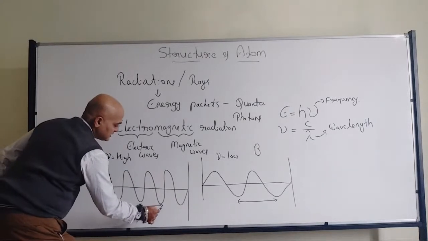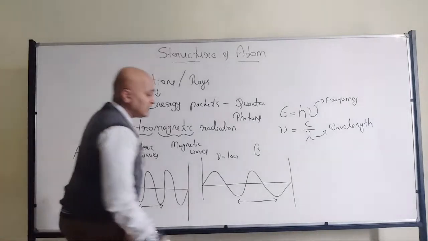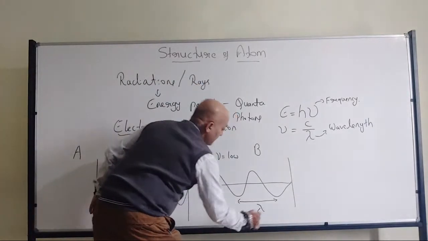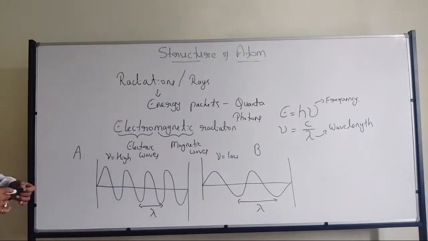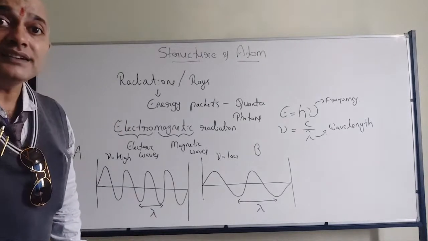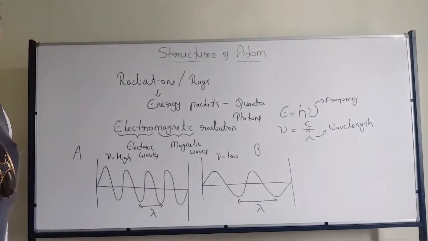So when I am talking about the length, I am talking about the wavelength. Now I can tell that B has, yes Rohan, a greater or larger wavelength and A has less wavelength.